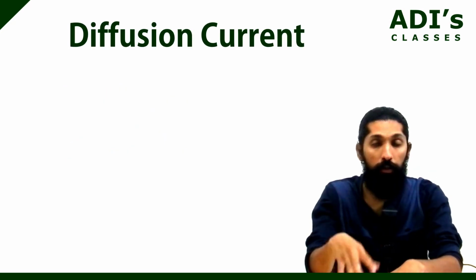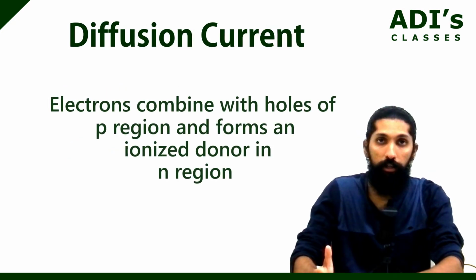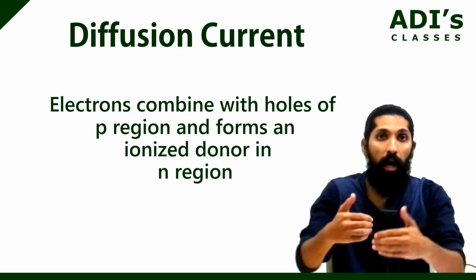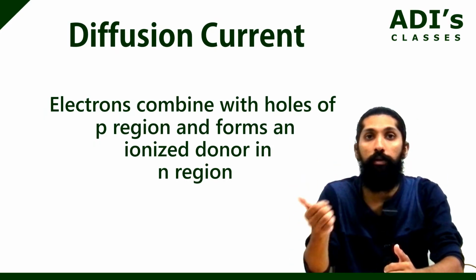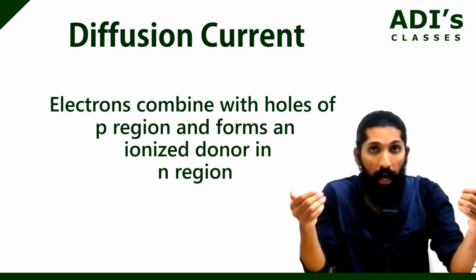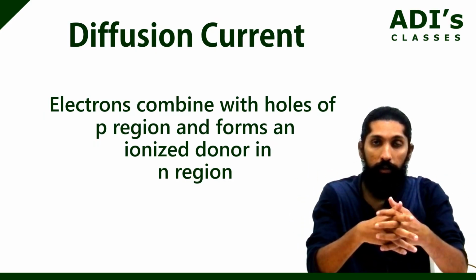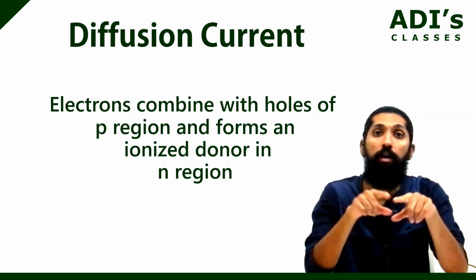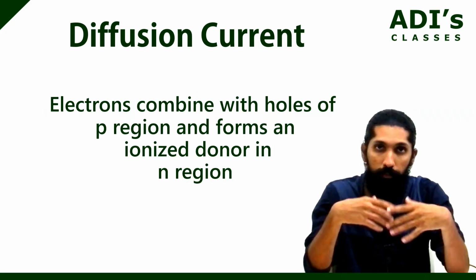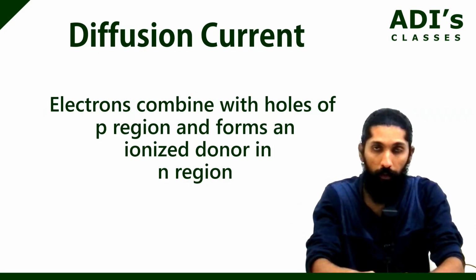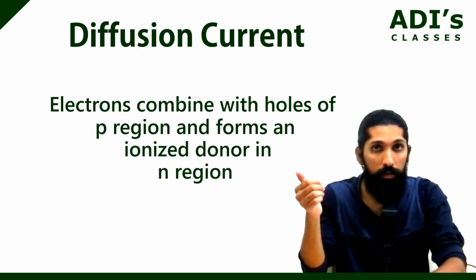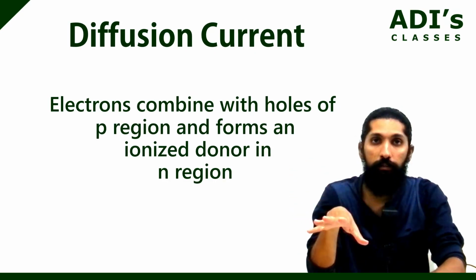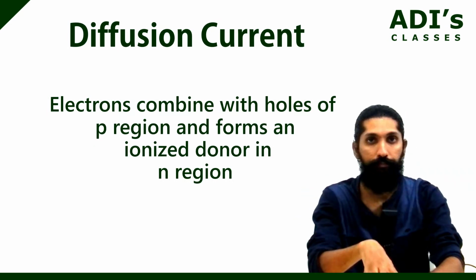Now, what exactly is diffusion current? The holes will move from the P side towards the N side and the electrons will move towards the P side. And as and when they are moving, the electrons and the holes will start to combine. This is one way of explaining this. Or, as the electrons move towards the P side, they ionize the atom which is on the N side, correct?